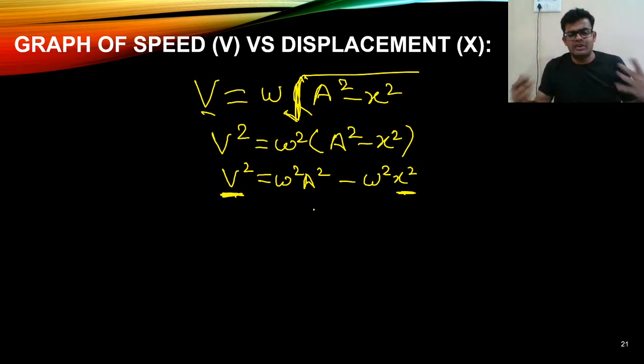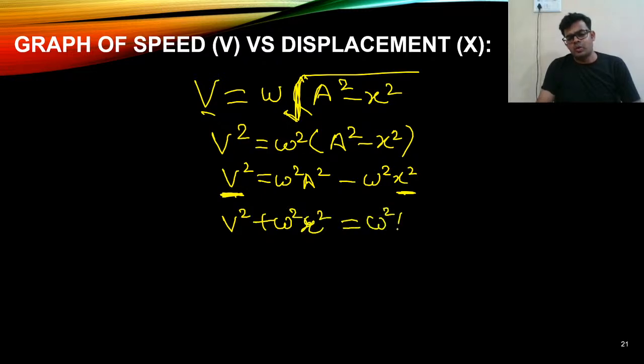Let us take our variable terms to one side, constants to the other side. So v square plus omega square x square, I am taking this side, will be equal to omega square a square. Now divide this entire equation by omega square a square.